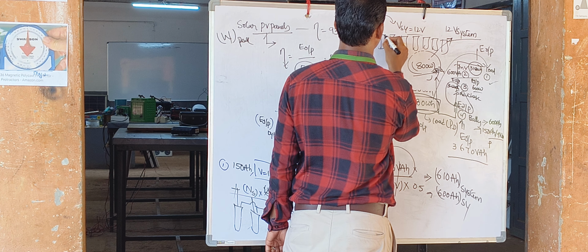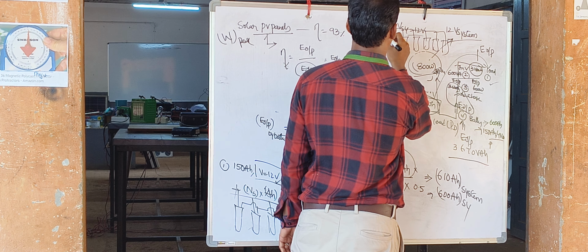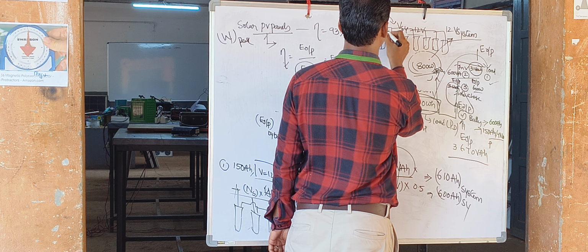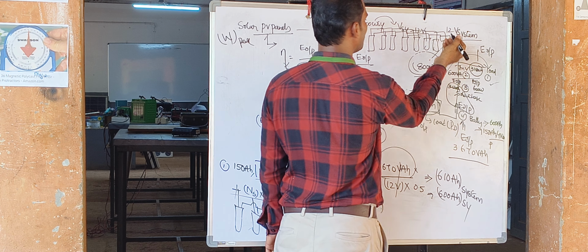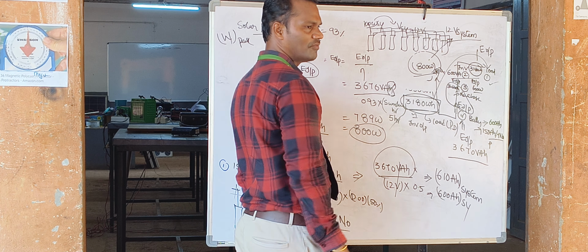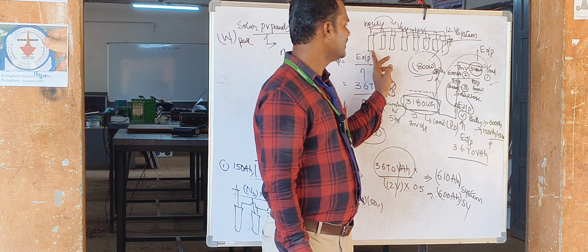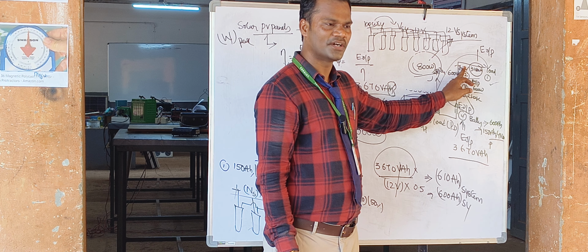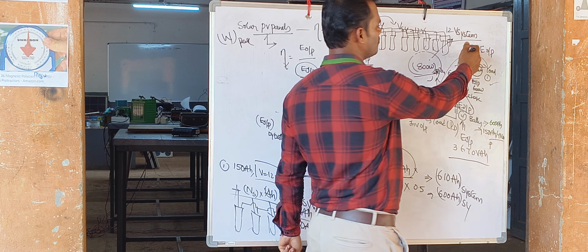Connect all the positives and connect all the negatives. Now when you connect all the positives together and all the negatives together, you connect that to the charge controller. So 100 into 8 is 800 watts, and they are connected in parallel. What is the system voltage?